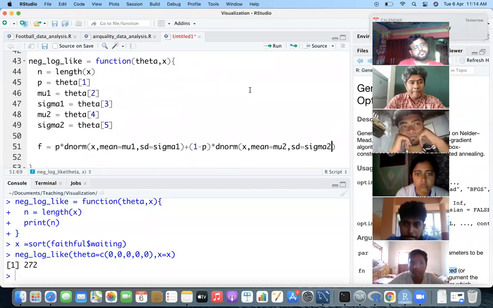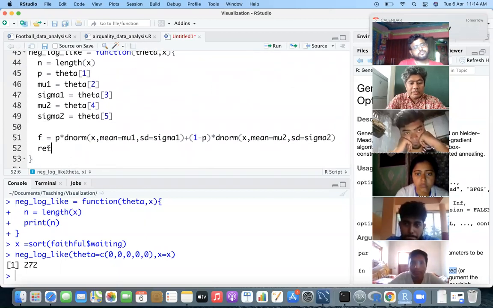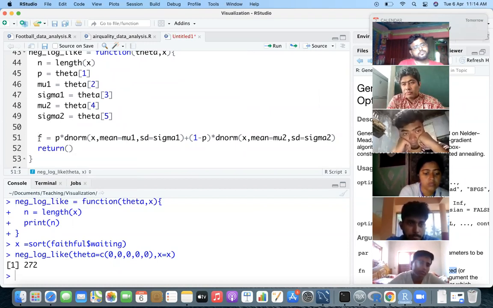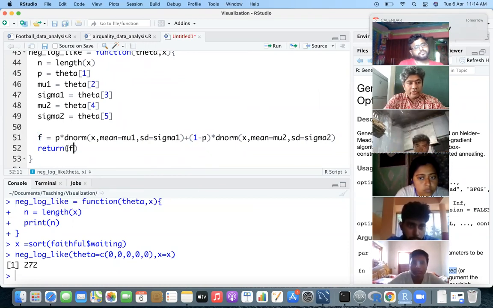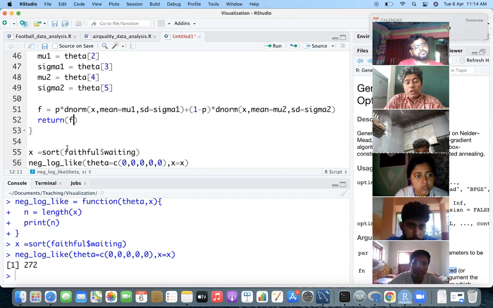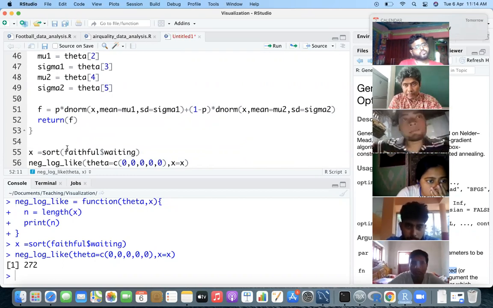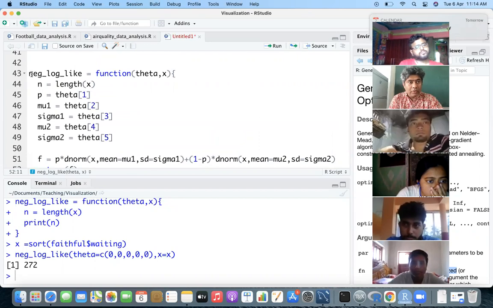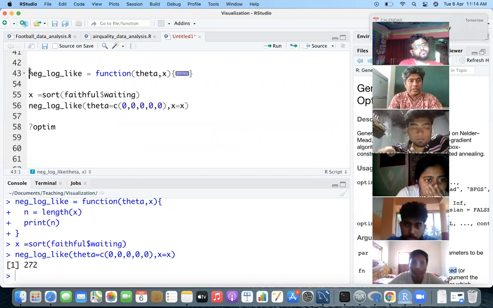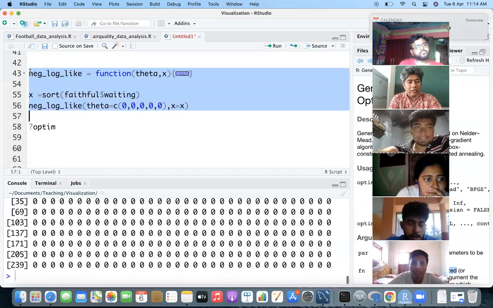Okay. And if I just return this, it should return 272 values of the PDF evaluated at that X. So let me just run this.